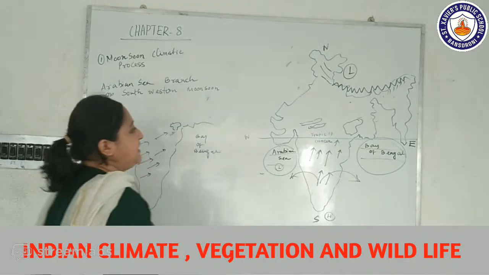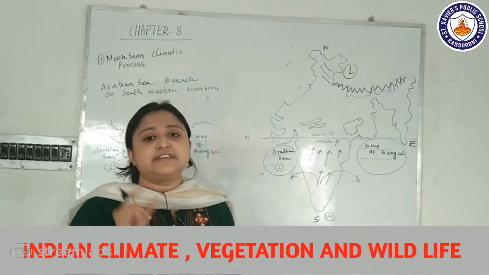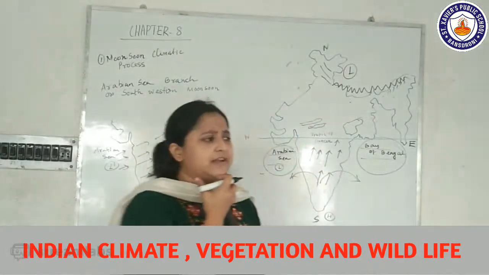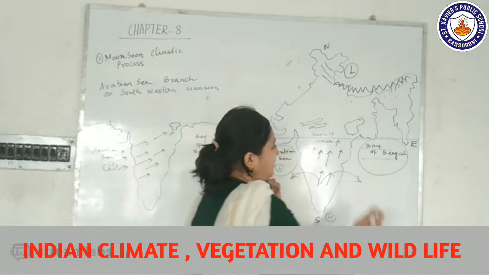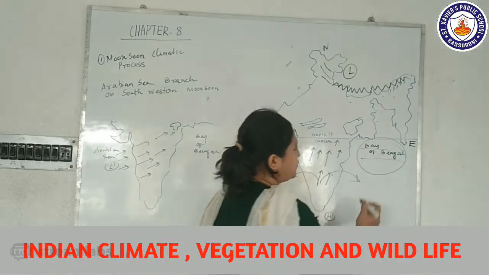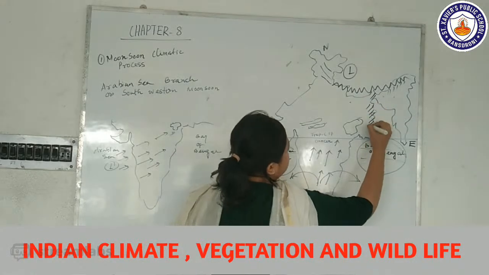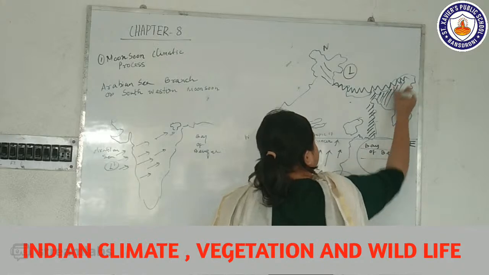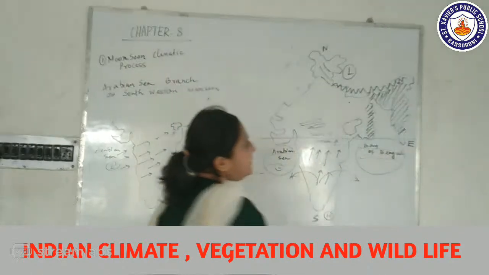In the beginning of June, on the 10th of June, is the date when Kolkata mainly gets huge rainfall. So the Bay of Bengal branch of monsoon dominates the whole eastern portion of the Indian subcontinent.